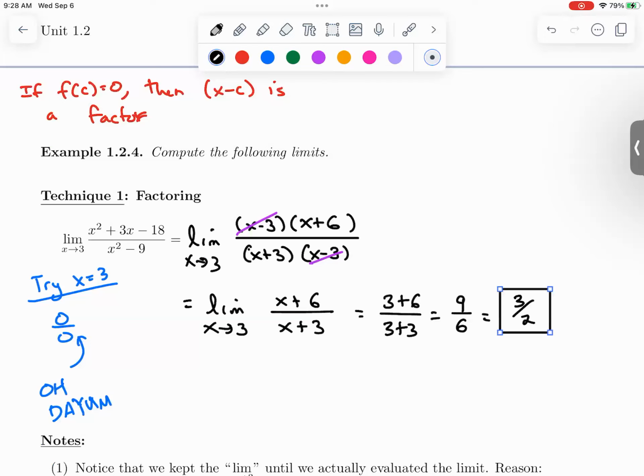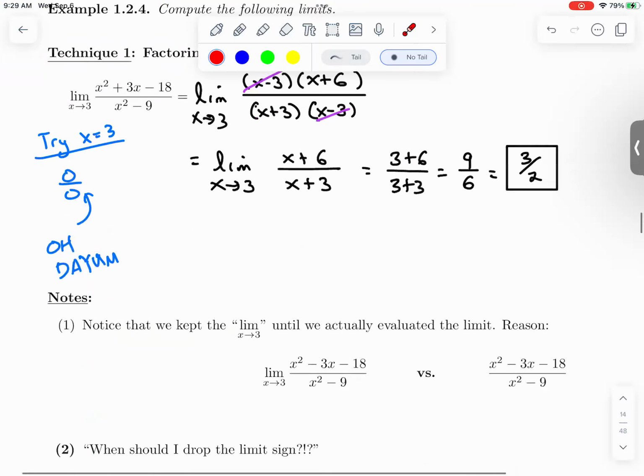Now I want to talk about this method that we did here and the specifics in the writing of the mathematics. So a lot of students notice that we didn't drop the limit sign until this stage. Once we had plugged in the value, that is when we dropped the limit. And there's a reason for this.